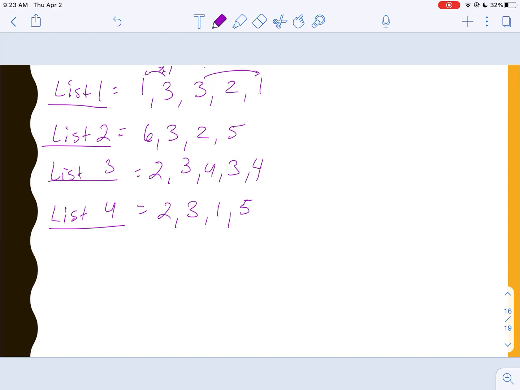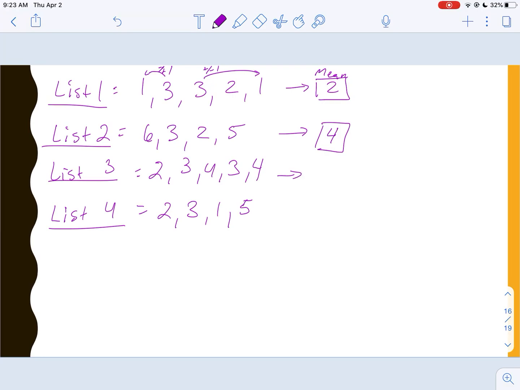Same way here. If I add and subtract 1, it's going to even it out. So we can see that the average, or the mean here, is 2. Doing the same here for list 2, we find similar things going on. We get a mean of 4.